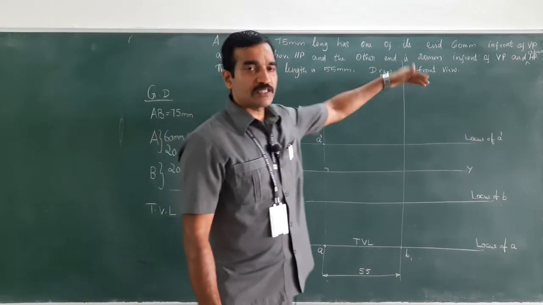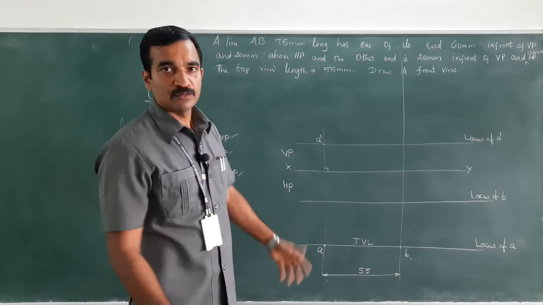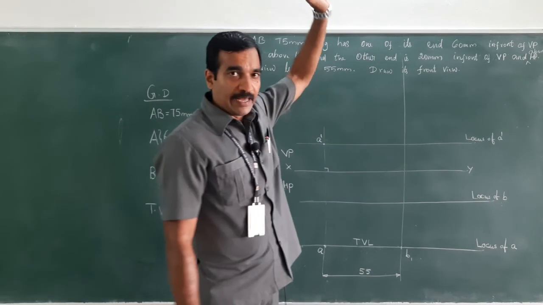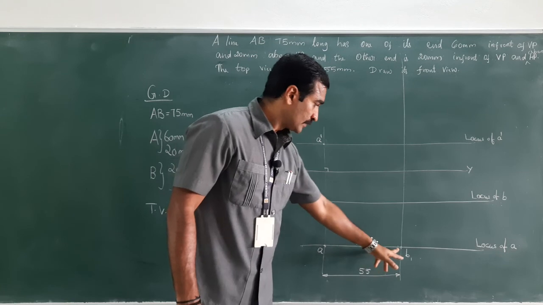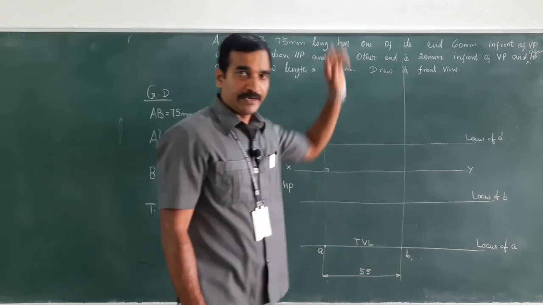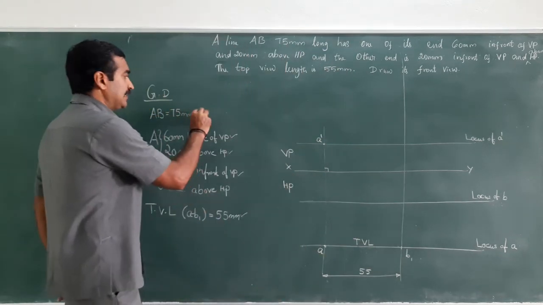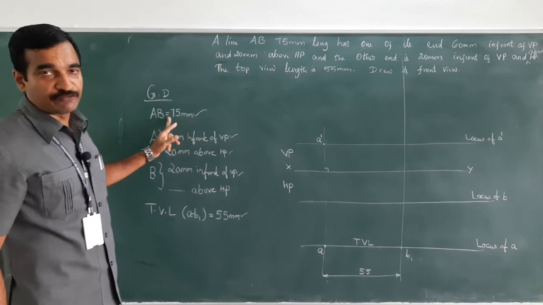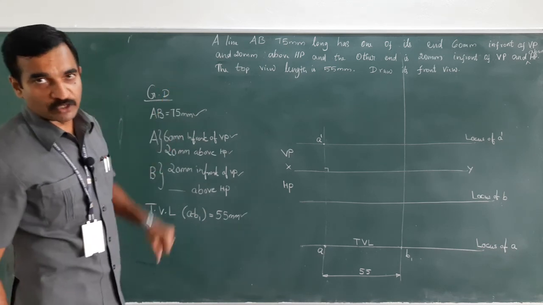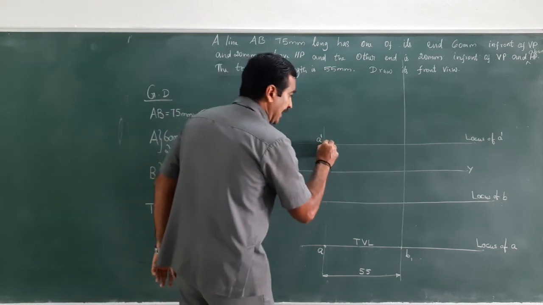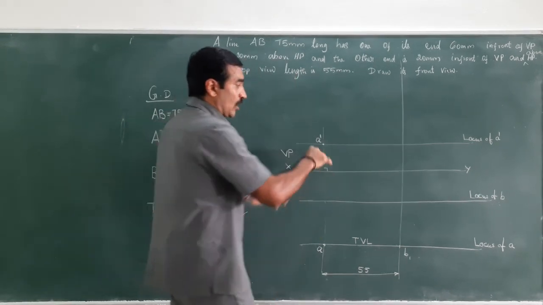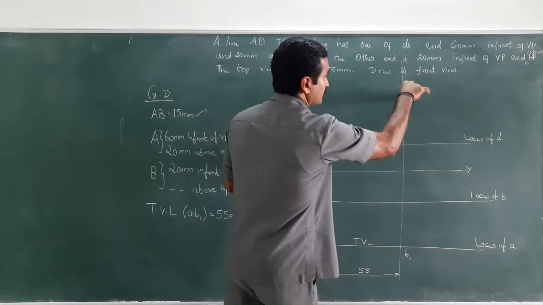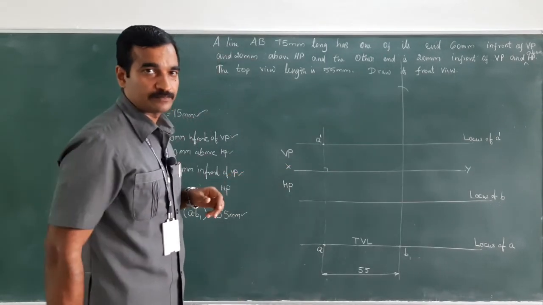Do you know the locus of B dash? We don't know, right? So let me project this line which is being projected from the top view length. Now let me take the true length, that is AB, 75 mm, in the compass. Take the 75 mm compass and with A dash as center, cut an arc on the line projected from the top view length, somewhere like this.